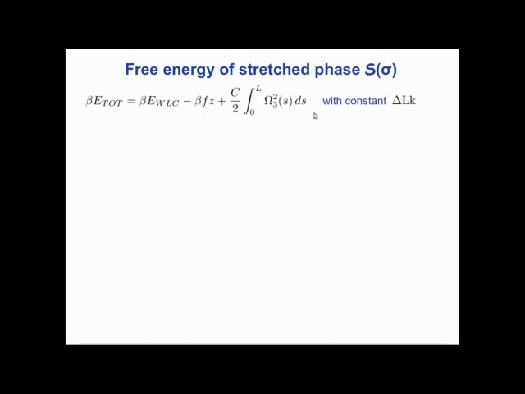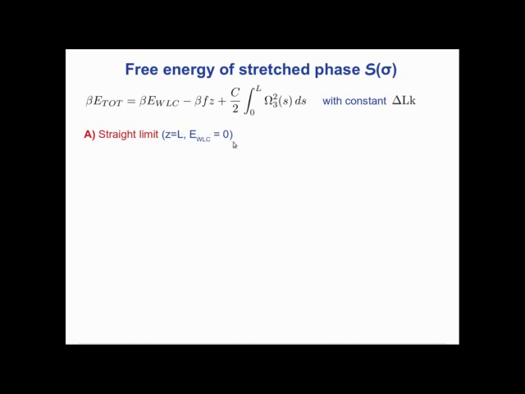So it's not a freely fluctuating molecule: at the two ends of the molecule, a certain rotation angle is imposed on the bead in a magnetic tweezers experiment. So there is a constant and fixed delta Lk. All right, so let's consider one simpler limiting case, the straight limit, where the end-to-end distance is equal to the contour length of the molecule.